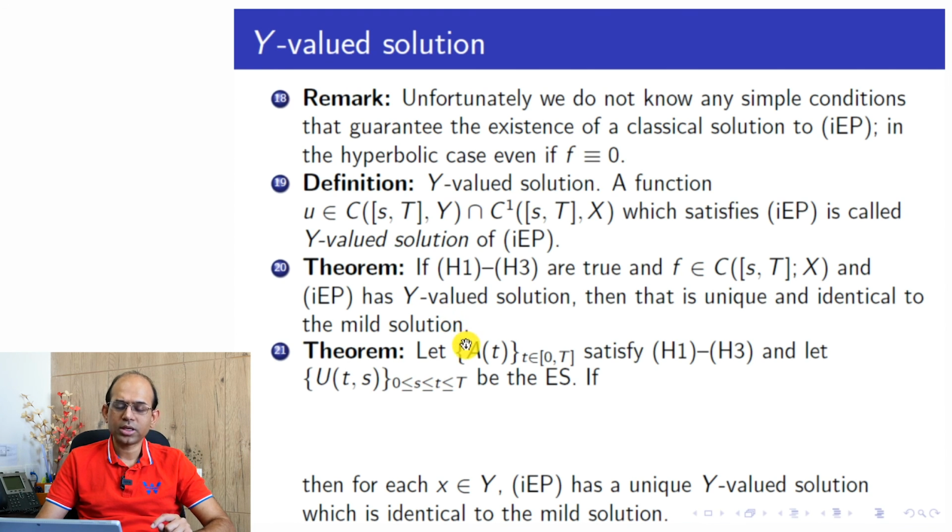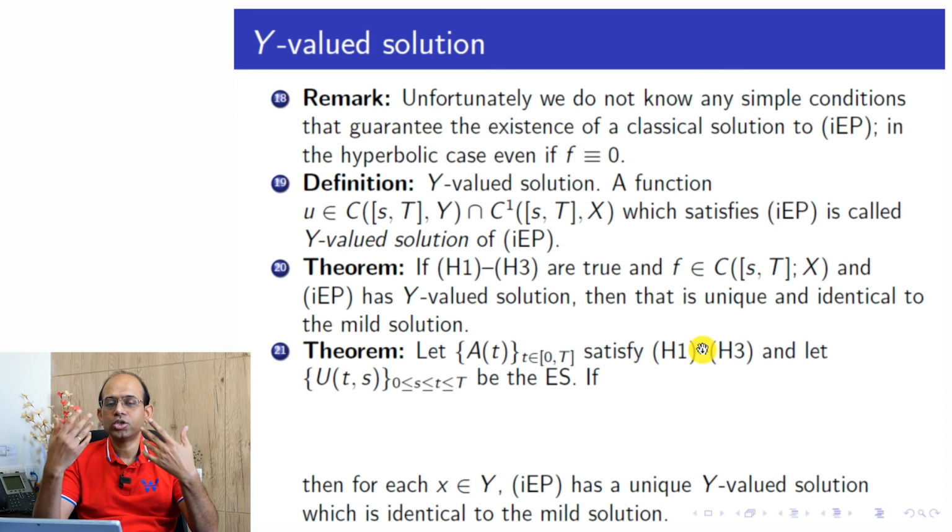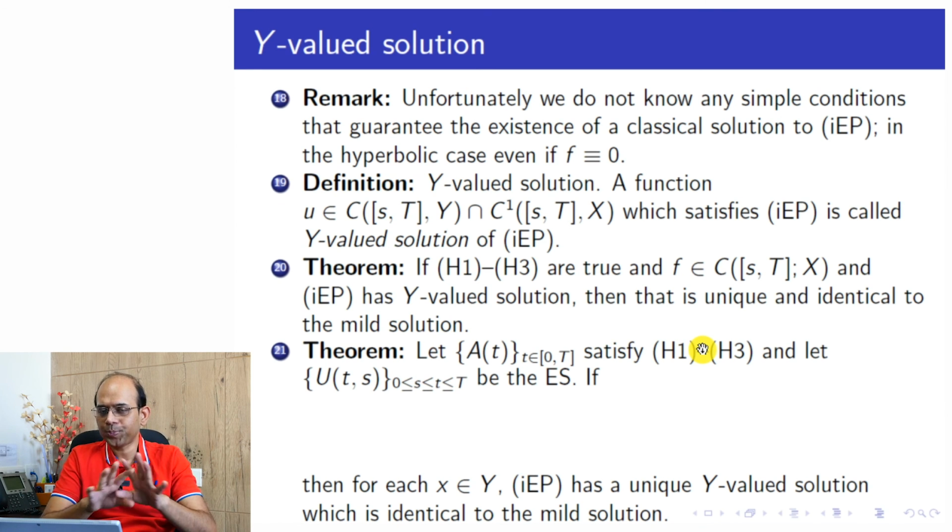The other theorem says, in the previous theorem we assumed existence of a Y-valued solution, but here we are going to give a sufficient condition for that also. So let A(t) satisfy H1 to H3. Since this family of operators satisfies H1, H2, H3, that assures existence of U, the evolution system, so we can write down the mild solution.